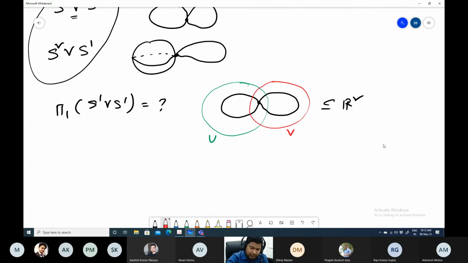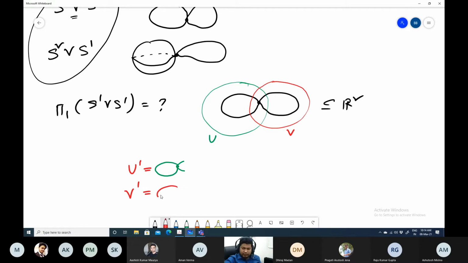Now what will be the open set in S1 wedge S1? Say U dash, my main open set, will be of this form: this circle along with this portion. And what will be my V dash? V dash will be this way.